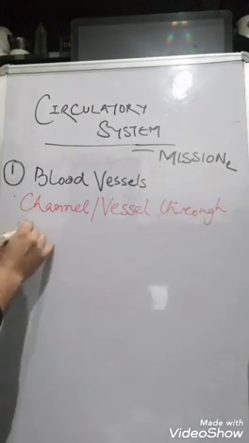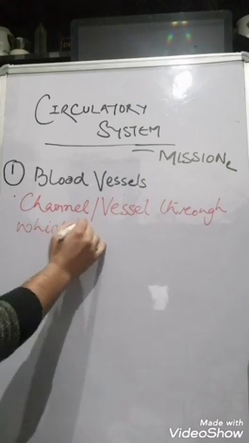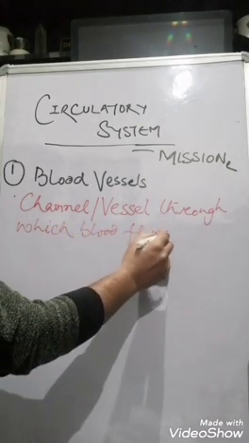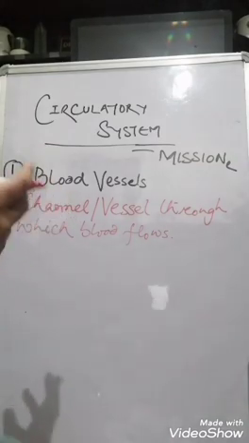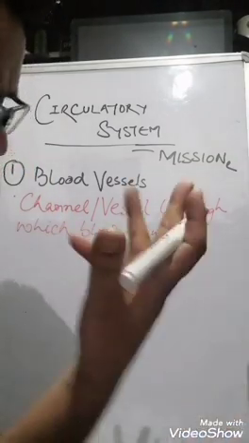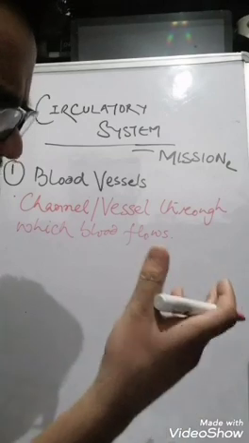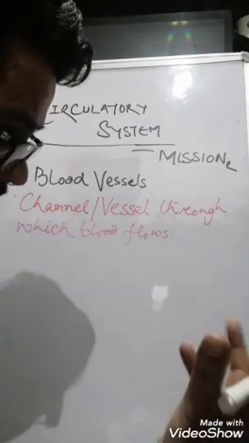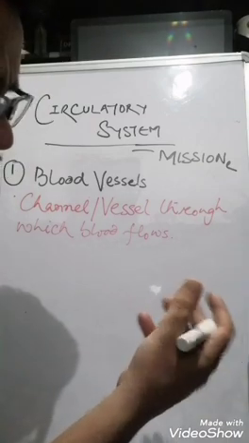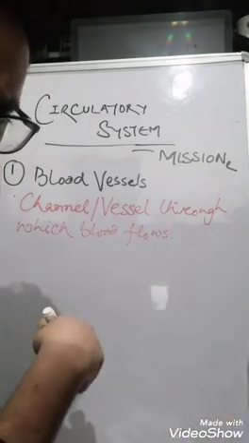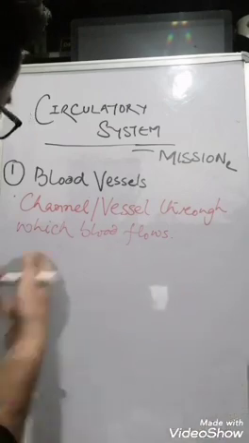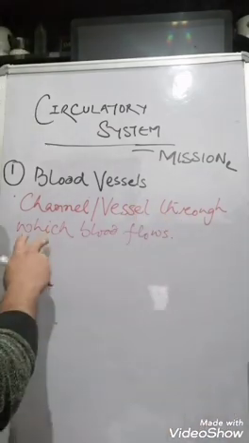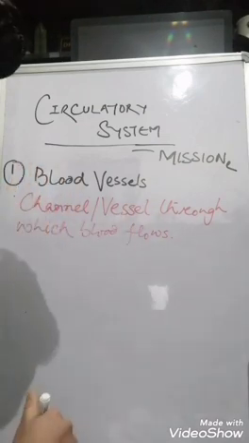So if there is a vessel through which water flows, we can call that a water vessel. If there's a channel through which lymph flows, we call that channel a lymphatic vessel. If there's a channel through which blood flows, we call that channel a blood vessel. So blood vessel is nothing but a channel, a vessel through which blood flows.